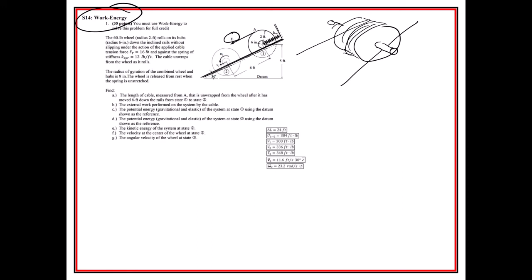I didn't do a good job of drawing that other side right there, but it's on these little rails, and somehow somebody's pulling this cable and keeping it with a constant tension as the thing's rolling. And I also give you that the radius of gyration of the wheel and its hubs is 8 inches. The wheel is released from rest when the spring is unstretched. Okay, so at least I did that for you.